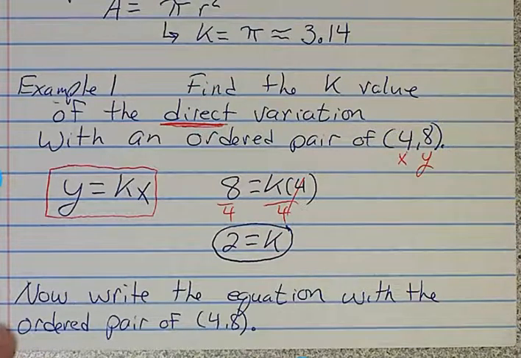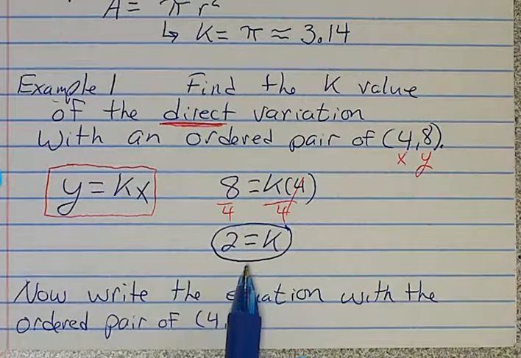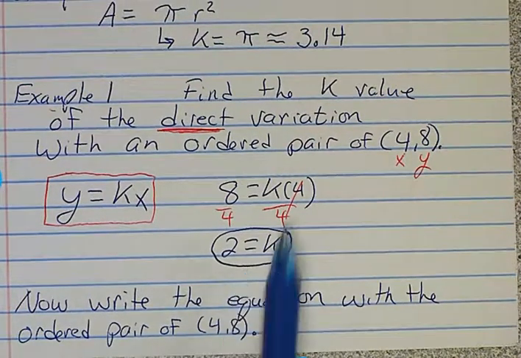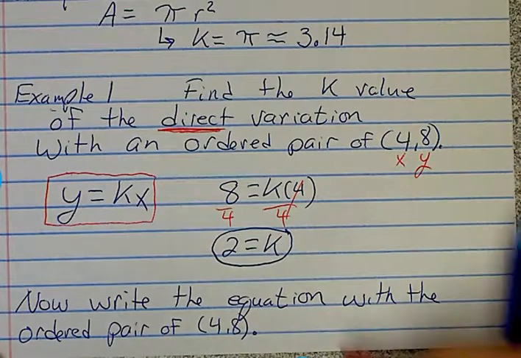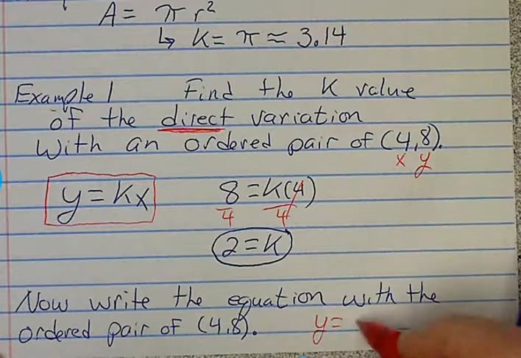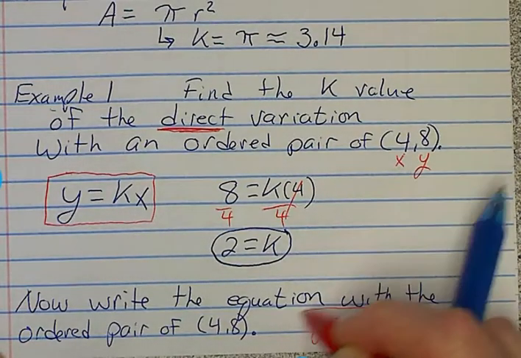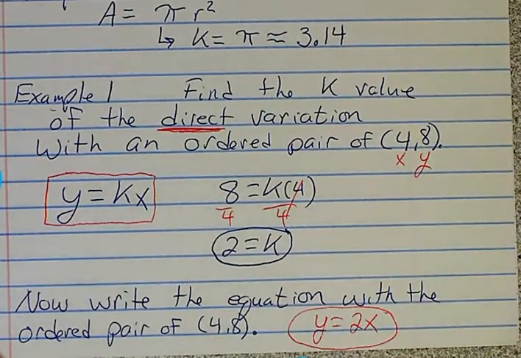Okay, and here's where, if you have the k value, it's really easy. You just take the k value, which is 2, and plug that value of 2 in for the k value. So the equation will just be y equals 2x.